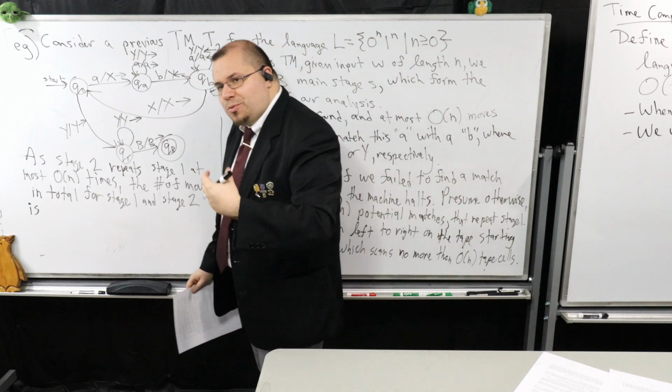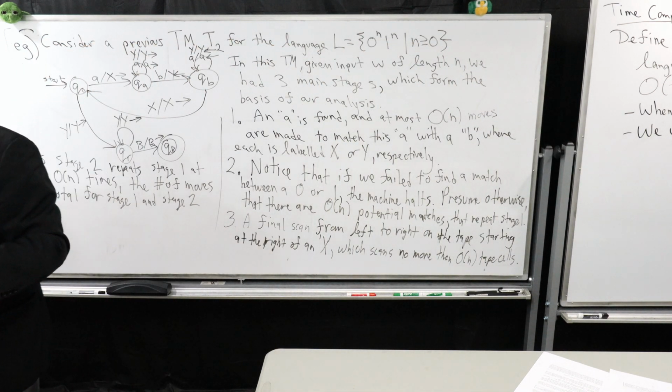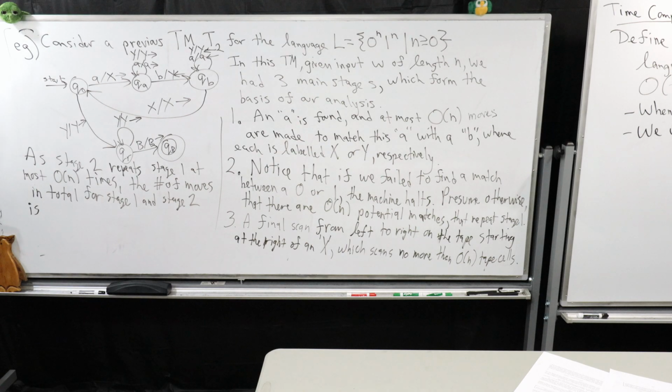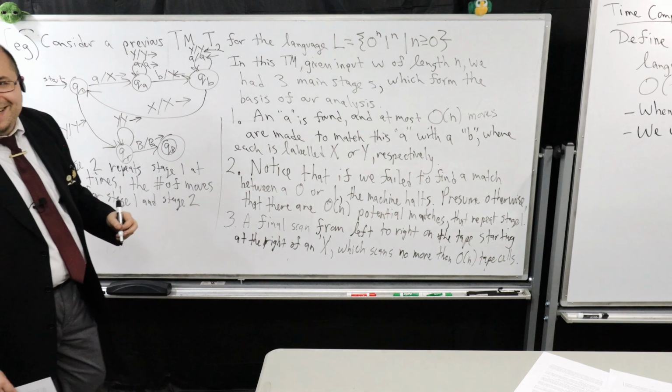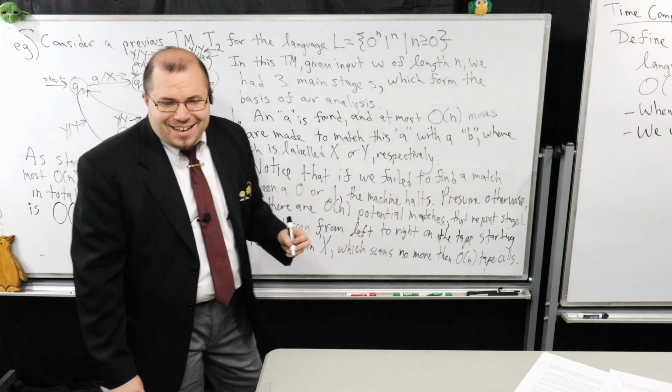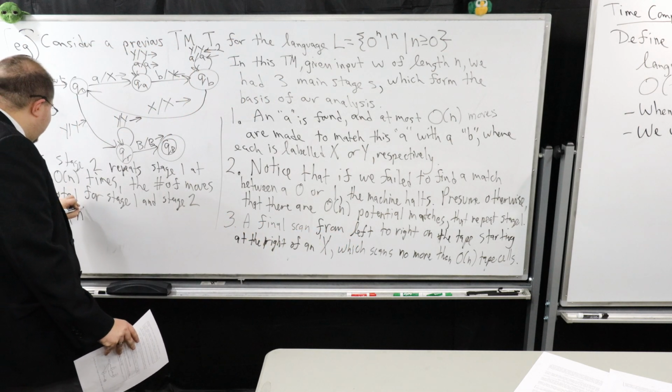So it does stage 1 big O of n times. So how many in total should that be in terms of big O? It's not n. What is it? I got a puppy dog crying. She's like, oh no, and I know the answer. N squared. It's n squared. Very good. Very good. It's n squared.